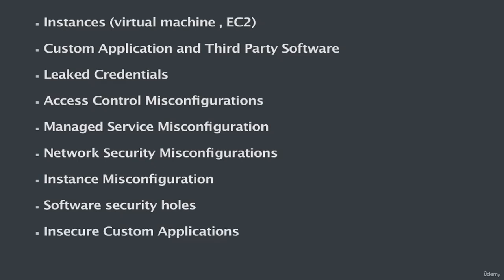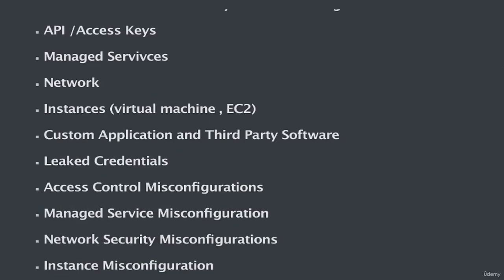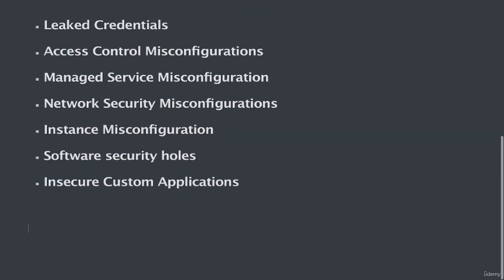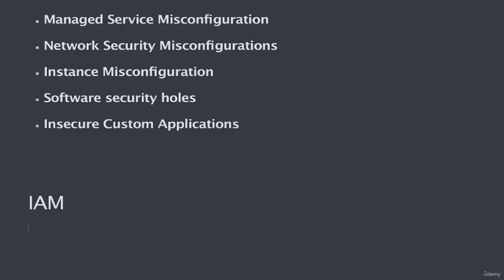I have covered all these attack vectors. Okay. But let me just list out how you should proceed. Let's say you got IAM, a very common service. So what should you do on IAM? First, analyze permissions for privilege escalation paths through services like Lambda.